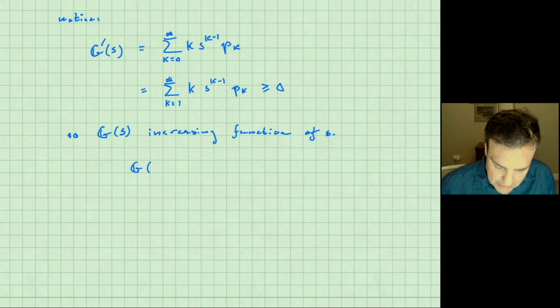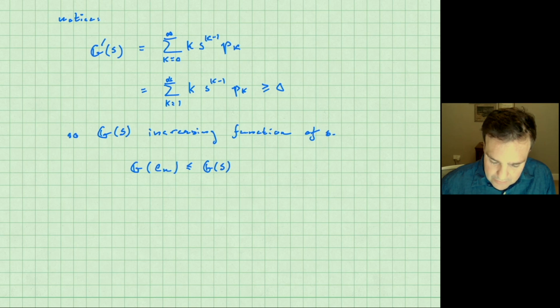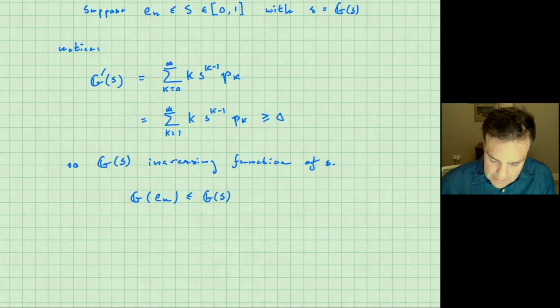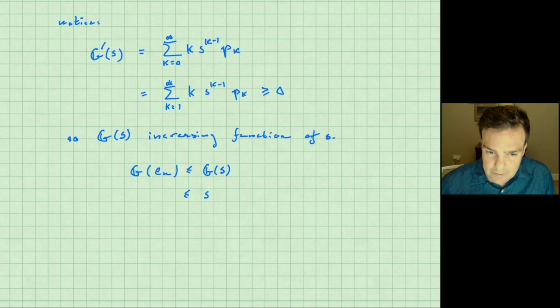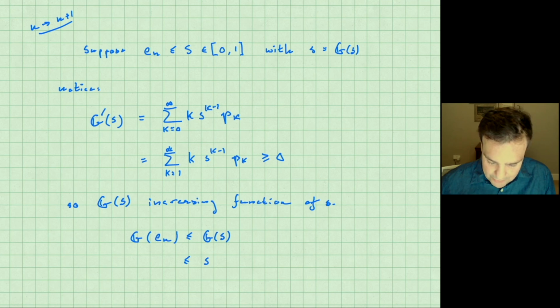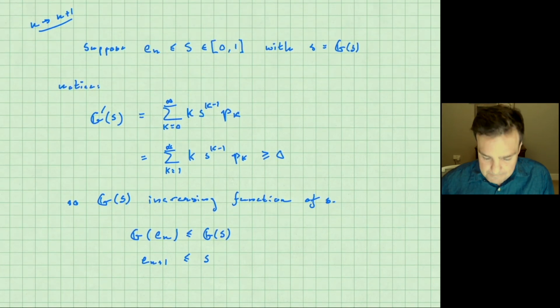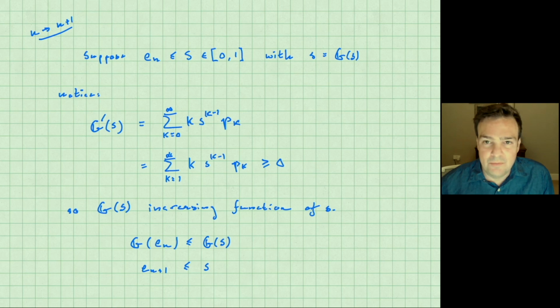We say g evaluated at e sub n is less than or equal to g evaluated at s. This is the assumption, way back here. And this is equal to s on the right-hand side. And by the proposition, when you evaluate g at e sub n, you get back e sub n plus 1, by one of the things we proved previously. Okay, and that completes the proof.